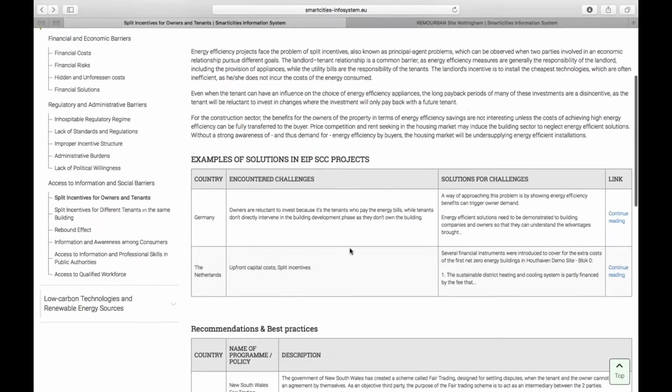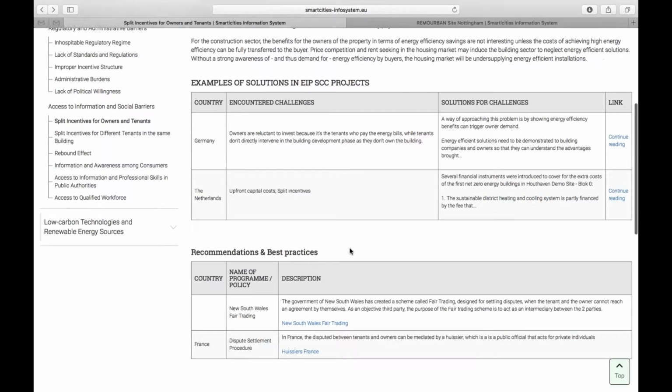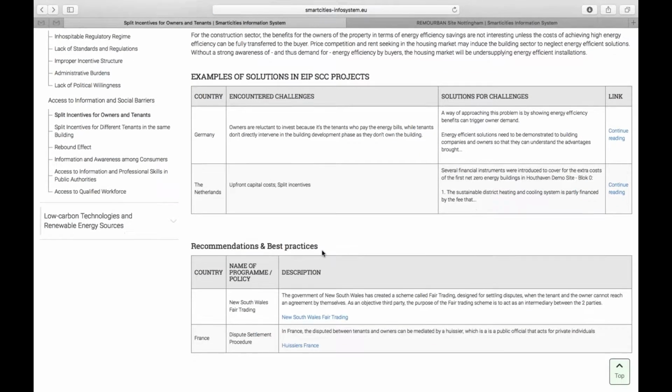Then we have another part, which is recommendations and best practice. We thought it was good to have the SCIS projects inside with their problems and their solutions, but there are many other projects around Europe and even abroad which find issues.